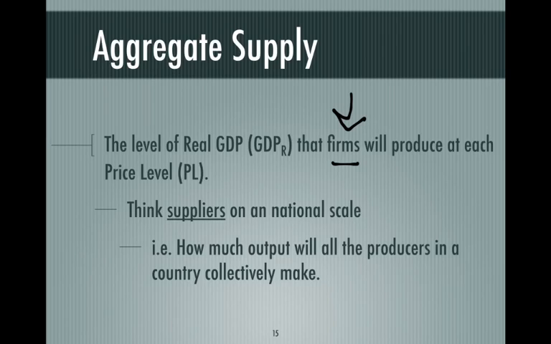So firms, businesses, producers, we're talking about the same thing. Okay, but when we're talking aggregate supply, I want you to think suppliers on a national scale. Okay, so we're not talking about just Walmart or not just talking about Target. We're talking about the collective of all businesses within our country. Or in other words, how much output will all those businesses in the country collectively make?